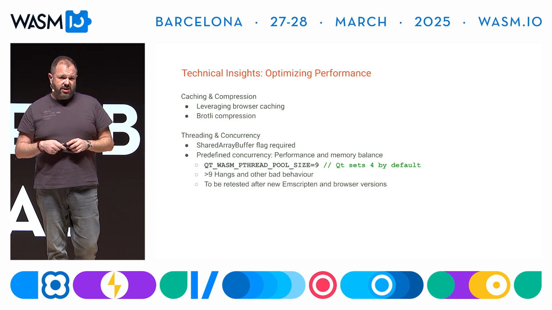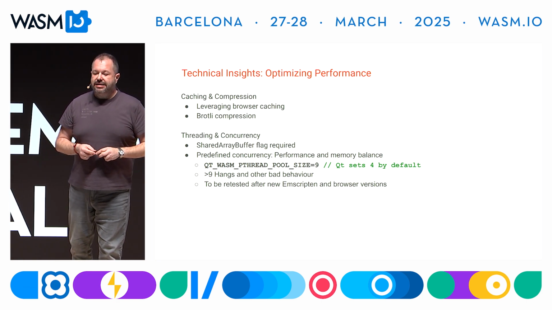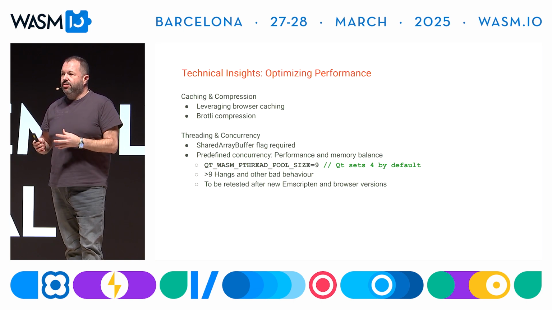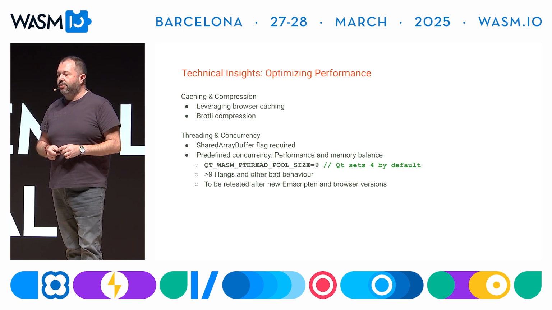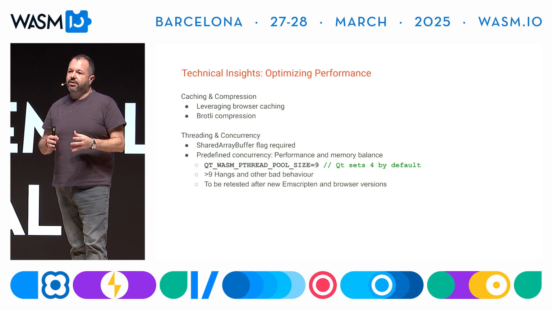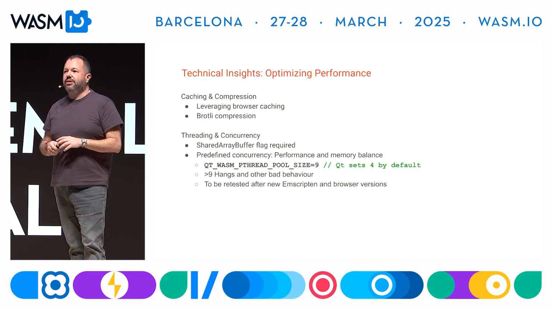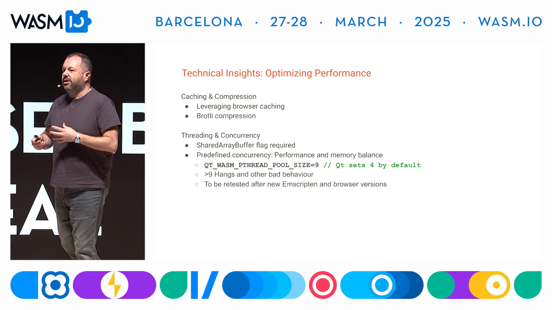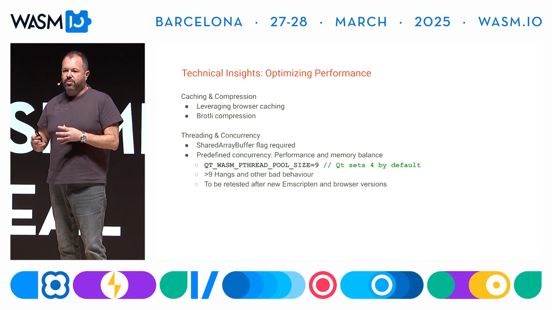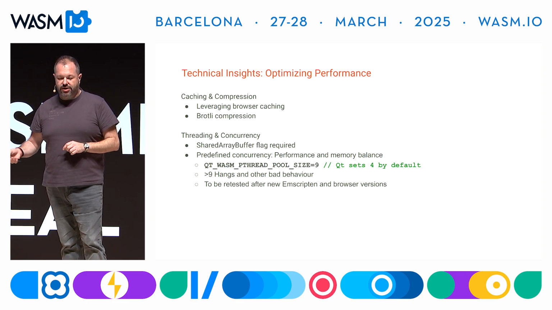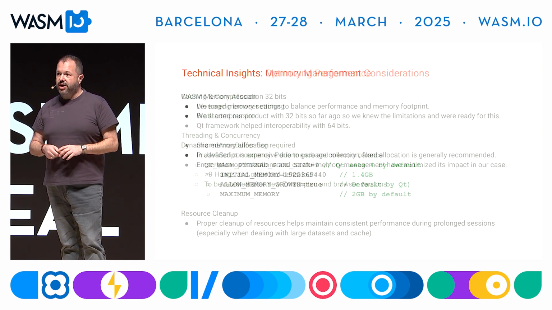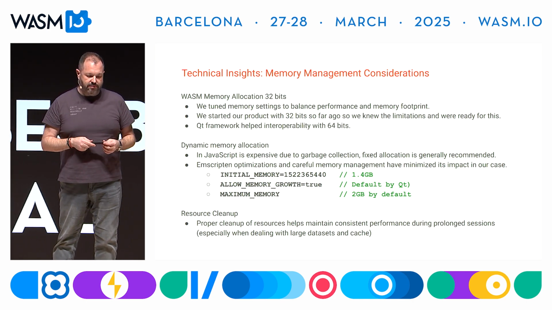For example, Qt sets 4 by default. But it's something we have to retest because we know that the latest Emscripten versions and browser versions may be able to let us run with more threads. It's something we have to revisit. But for the moment, it's what we are using in our interfaces.